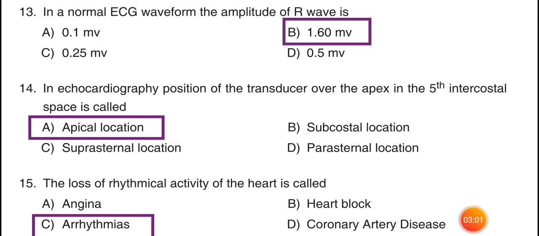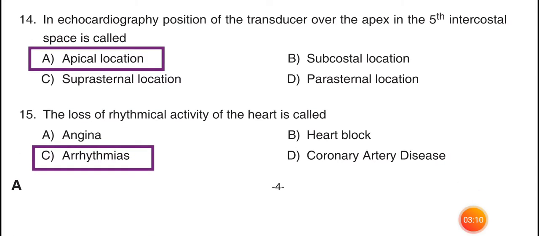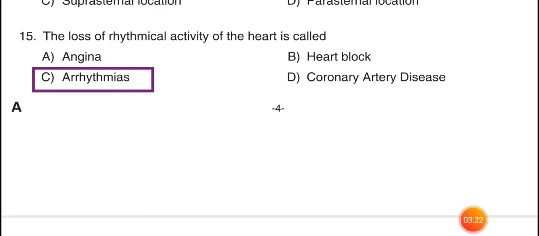In a normal ECG waveform, the amplitude of R wave is. Option B, 1.60 mV. 14. In echocardiography, position of the transducer over the apex in the fifth intercostal space is called. Option A, apical location.